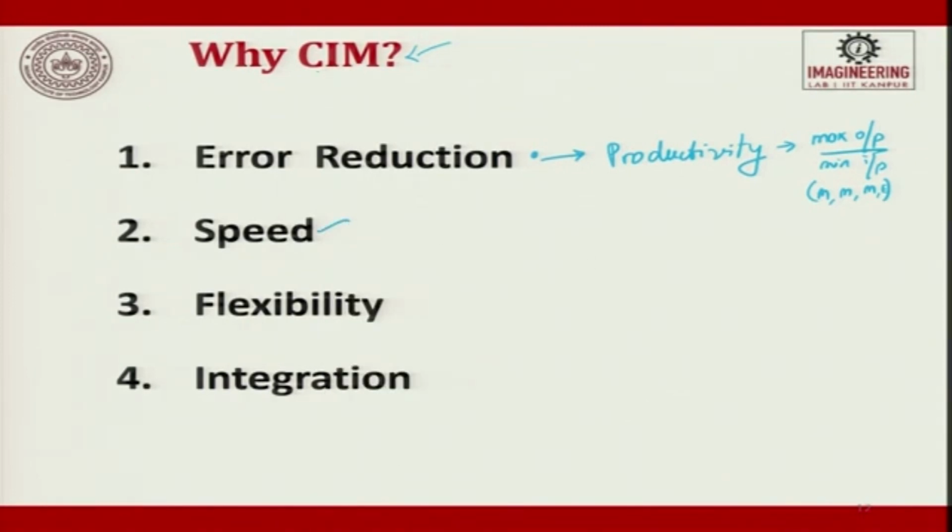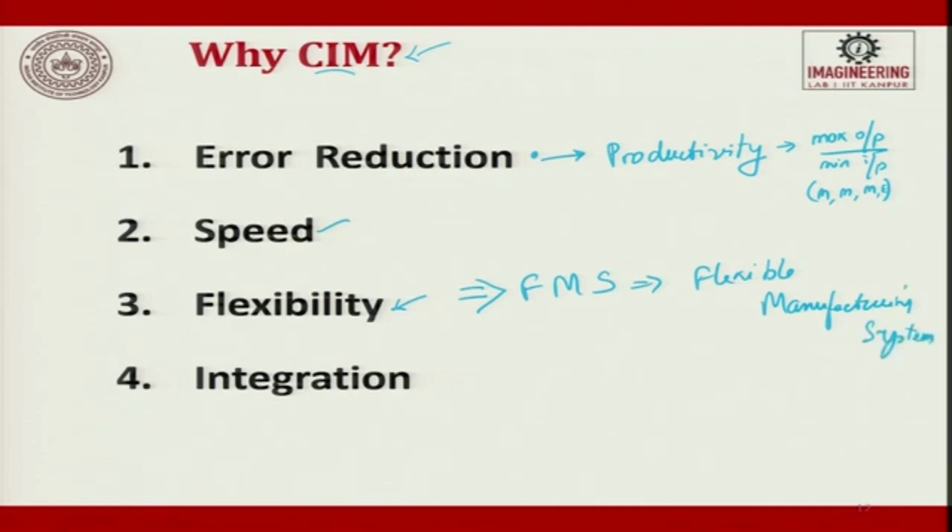When we talk about SIMS, we also talk about flexibility. That is why in the SIMS environment we talk about FMS, which is nothing but flexible manufacturing systems. Why is this more important?